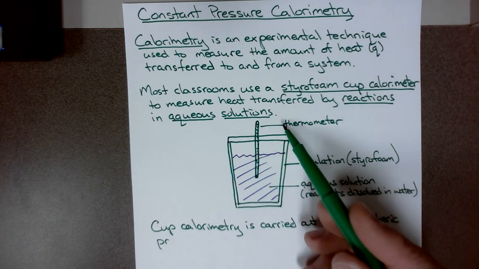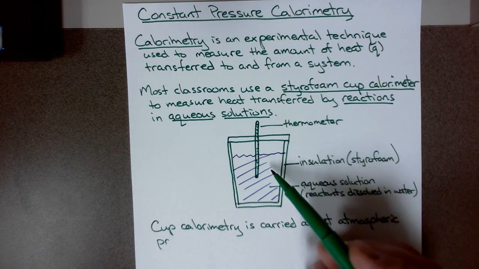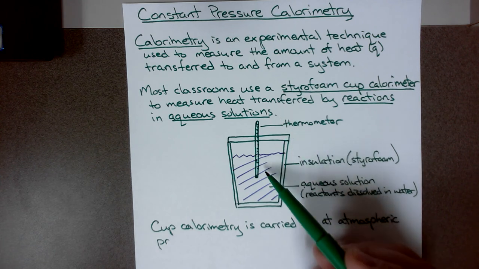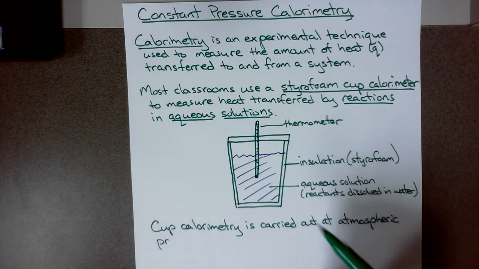The pressure outside equals the pressure inside. So inside the cup is the same pressure as the outside, which is atmospheric pressure.